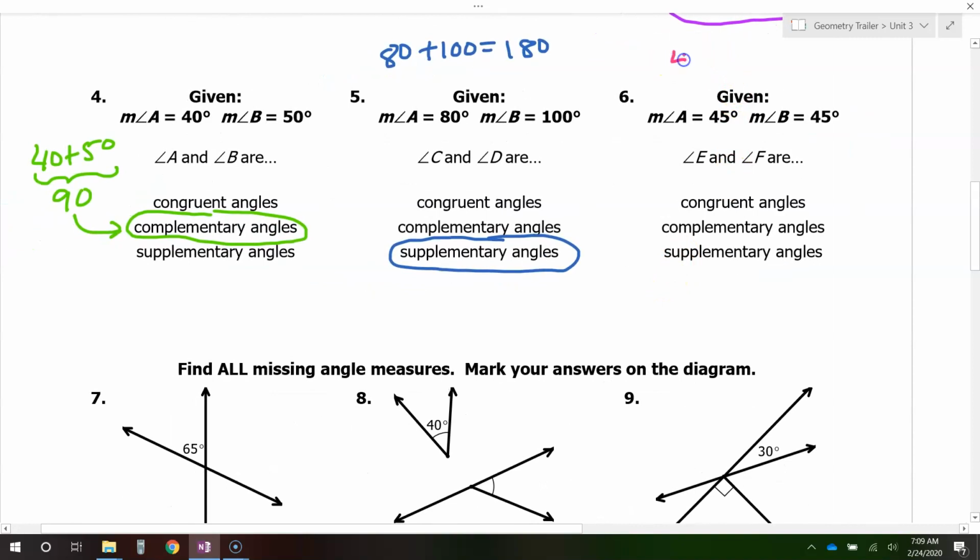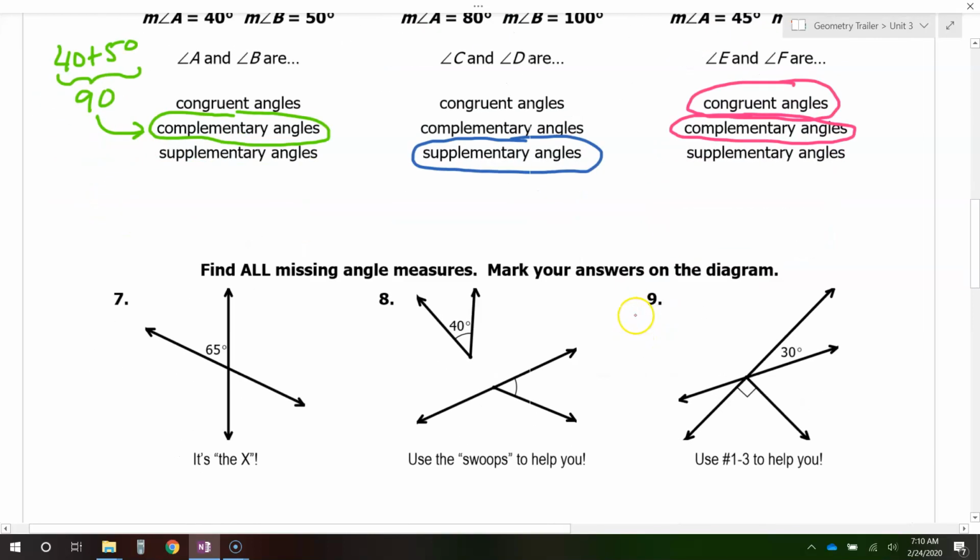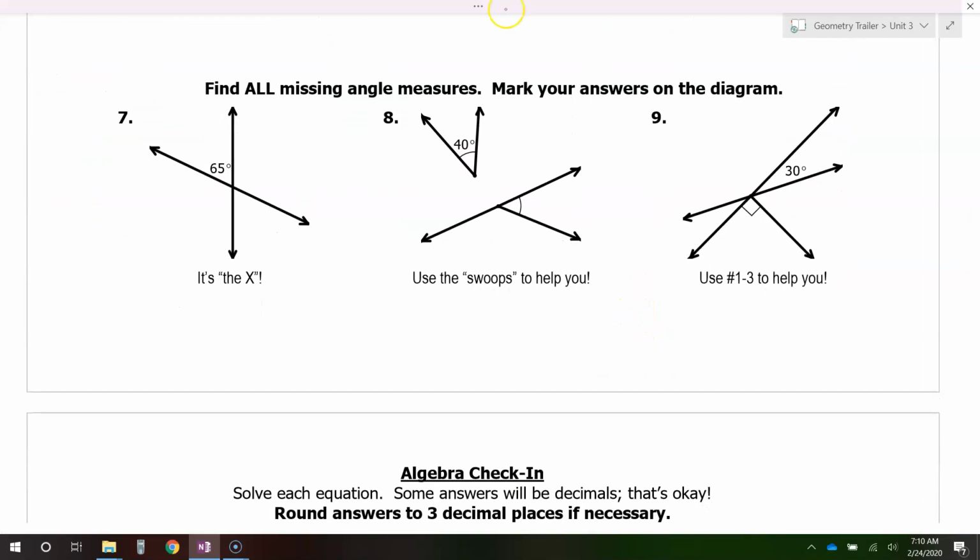Okay, well, 45 plus 45 is 90. So that means that they are complementary. All right, but they are also congruent because they are the same.